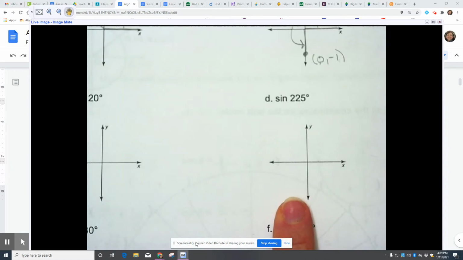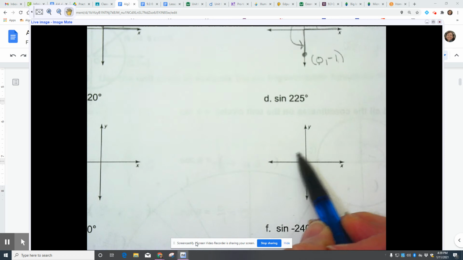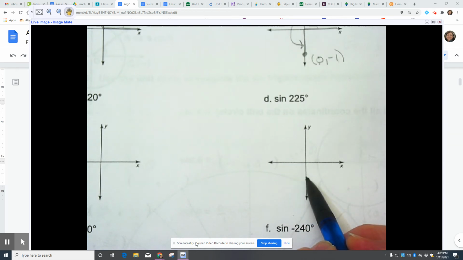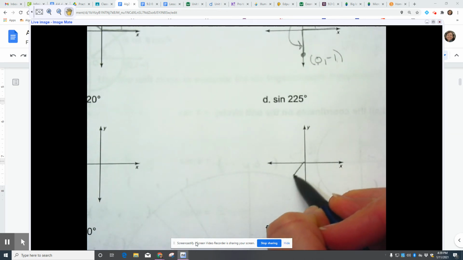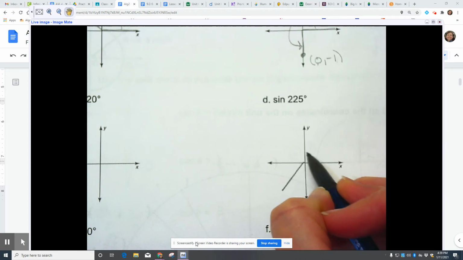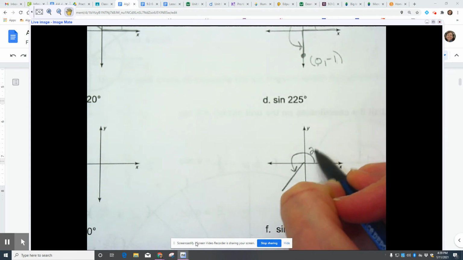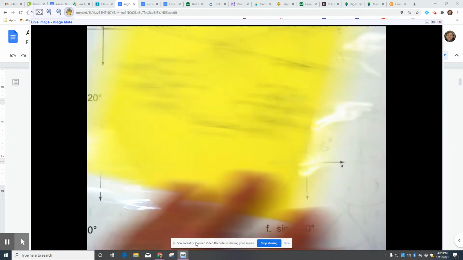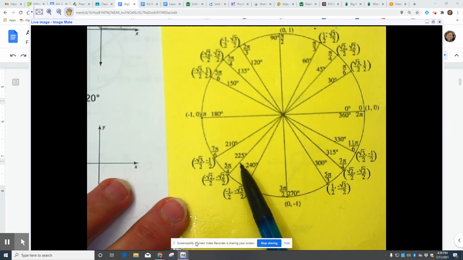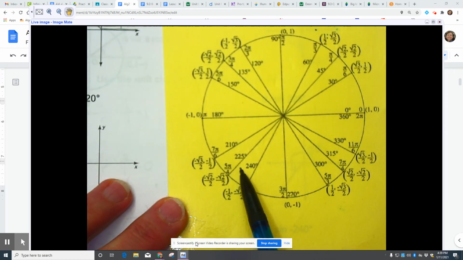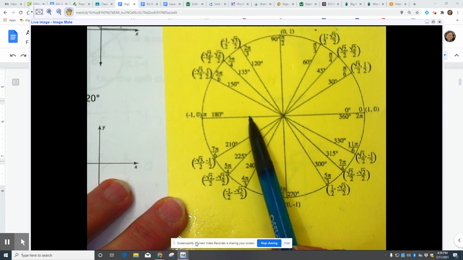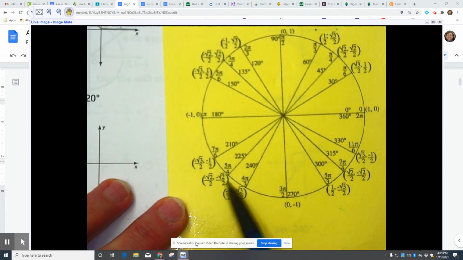Let's do this one, and then I'm going to do a negative. So 225. So this is 90, 180. This is 270. So 225 is going to be about there. 225 on my unit circle is right here. So it's 180 plus 45 degrees more. So there's my coordinate point, square root of 2 over 2.